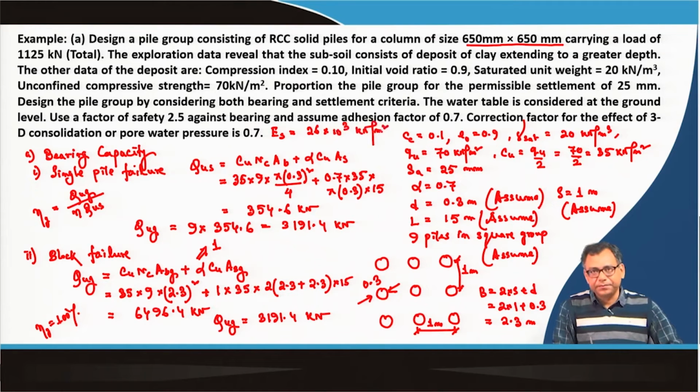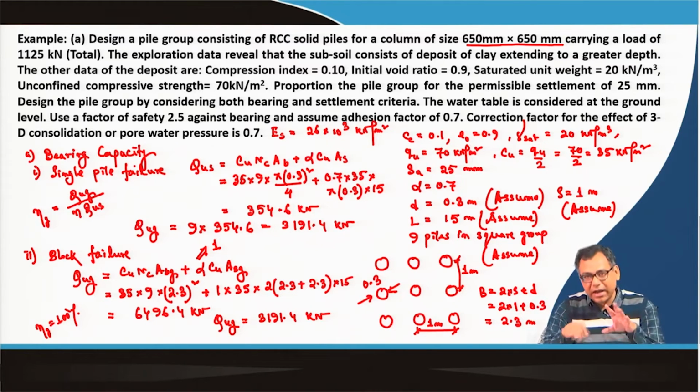If it is not given during design purpose, I have given you a number of correlations, based on CU also there are some correlations. In my previous raft design problem, I used one of those correlations. So, you can use those correlations and determine the Es value, but in this particular problem it is given, Es equal to 26 into 10 to the power 3 kilonewton per meter square.